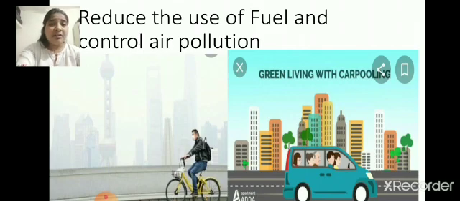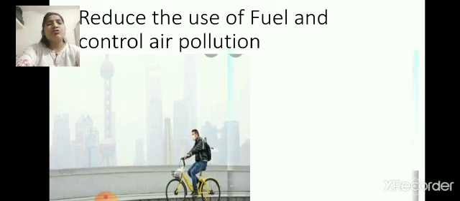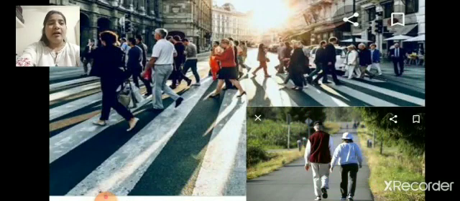If we ride a bicycle and use carpooling, then we will definitely reduce the use of fuel and control air pollution. We can reduce the use of fuel and control pollution by carpooling, using a bicycle, or also walking short distances. See, children, people are walking here. If some places are at a short distance, we can walk also.